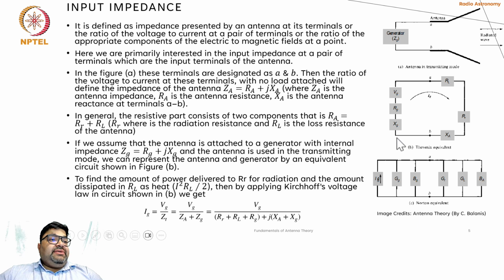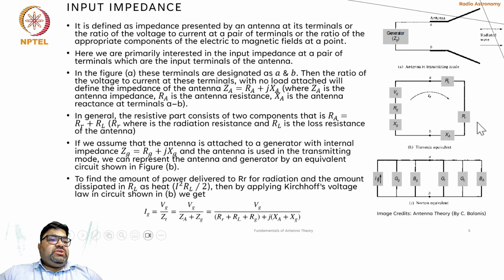If you try to draw an equivalent circuit, the Thevenin equivalent circuit, the generator can be divided into its voltage, its resistance, and reactance. And similarly, there is a load resistance and the radiation resistance, and the reactive part.